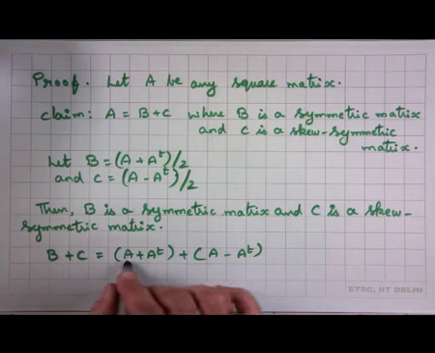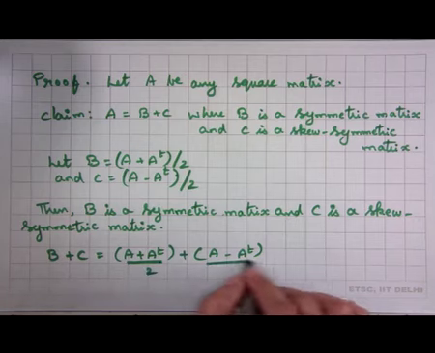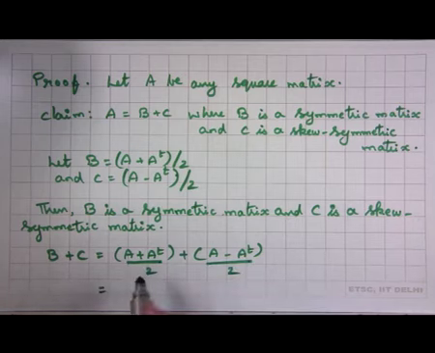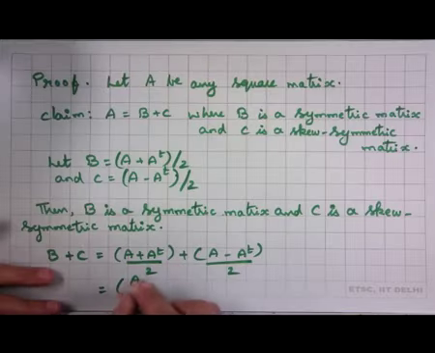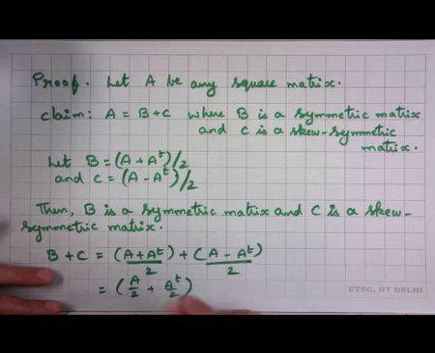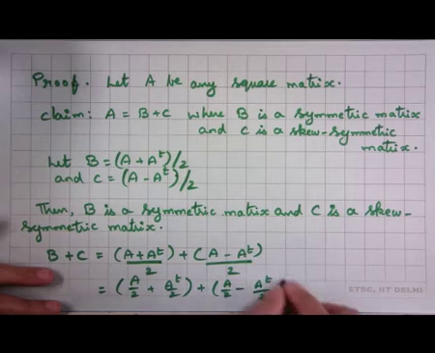So, I need by 2. Now, by the properties of the scalar multiplication, we know that alpha times A plus B is alpha times A plus alpha times B. So, this is same as A by 2 plus A transpose upon 2 plus A by 2 minus A transpose upon 2.